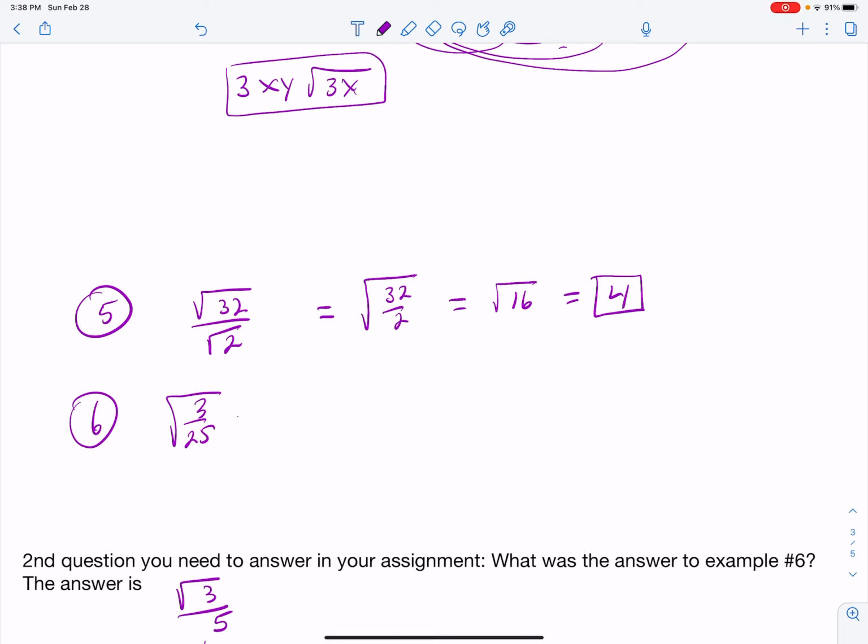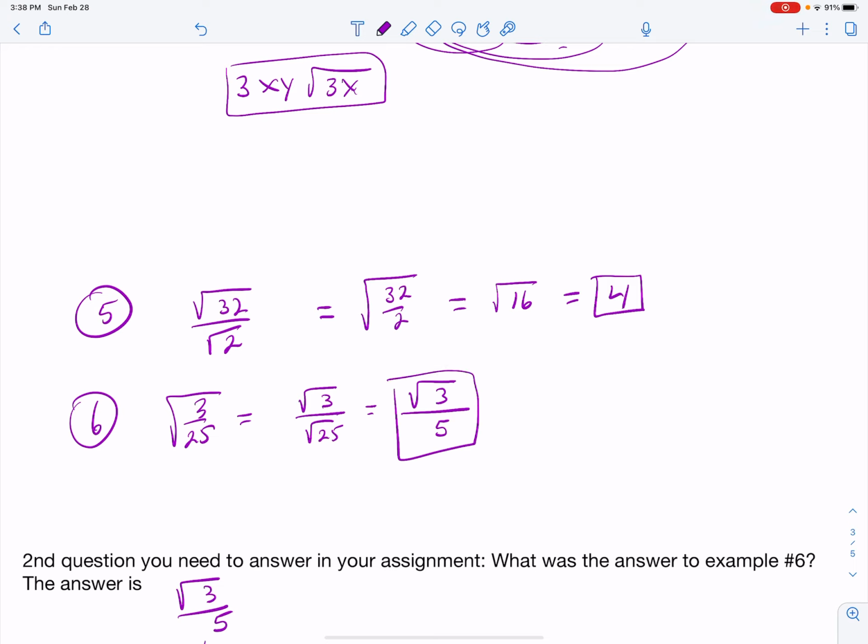But again, we can use our law and we can say, well, the square root of 3 divided by 25 is the same thing as the square root of 3 divided by the square root of 25. Excuse me. In this case, we can't take the square root of 3, so we leave it as the square root of 3, but we can take the square root of 25, which is 5. And now that is considered simplified.